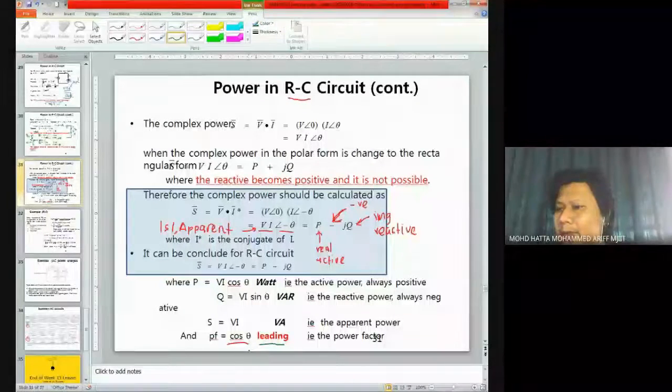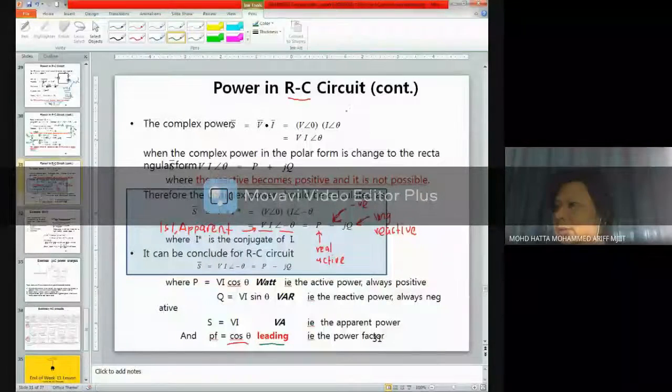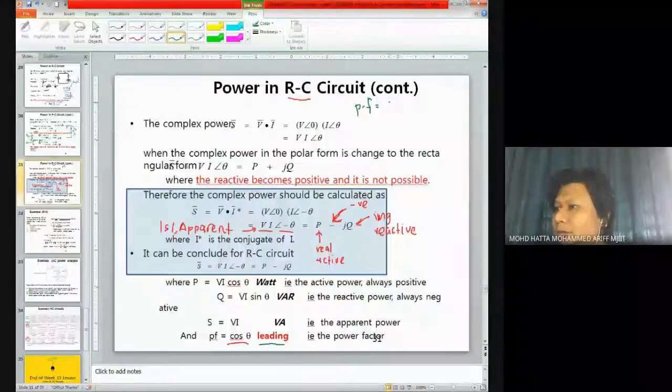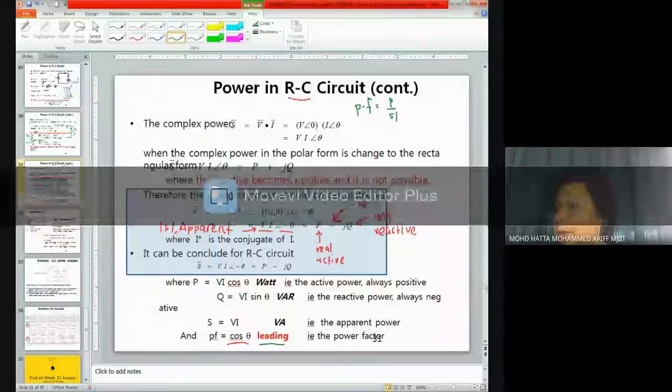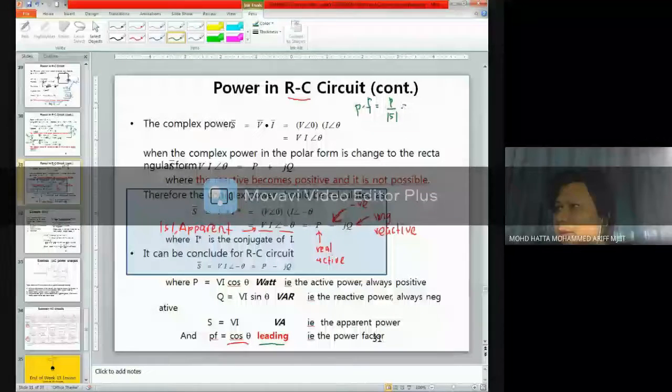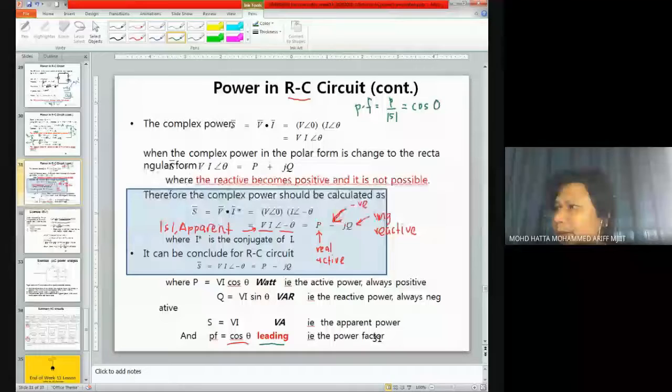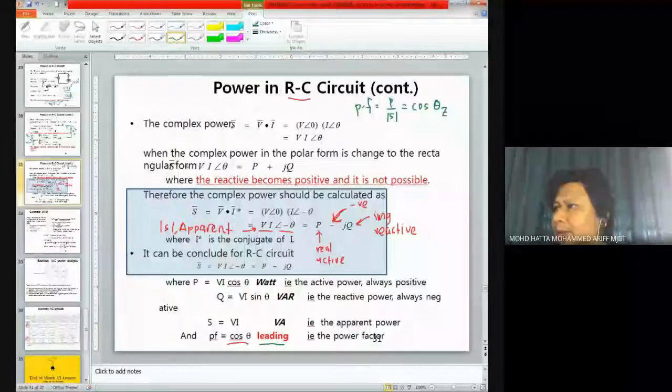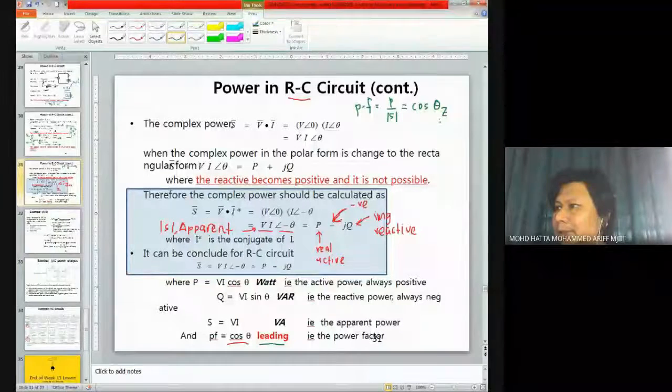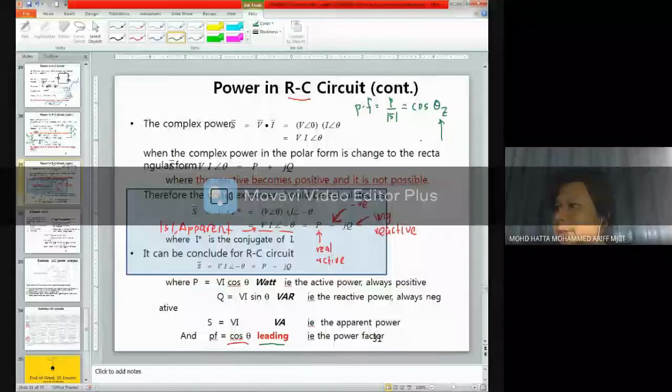And apart from using this cos theta, you may also use for power factor P, the value of P divided by the value of your apparent power, P divided by S, or you can also use cos theta, but the theta over here, you use theta Z. Actually, theta Z is the same as theta V minus theta I. Doesn't matter.